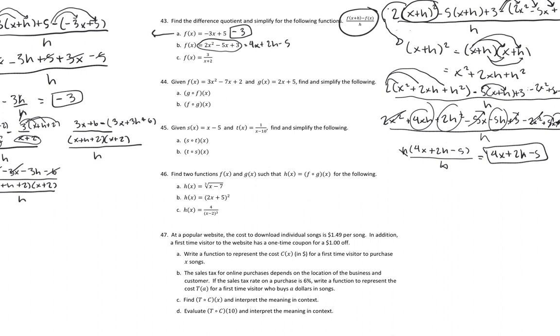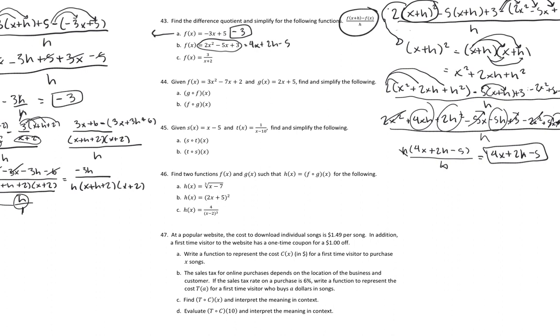And what we can do is, since this is all over h, we can just bring the h to the denominator here, because if you remember multiplying or dividing fractions, if we have fractions over each other, we can treat this as like h over 1 and perform the skip, flip, multiply. So that's going to equal negative 3h over h times x plus h plus 2 times x plus 2.